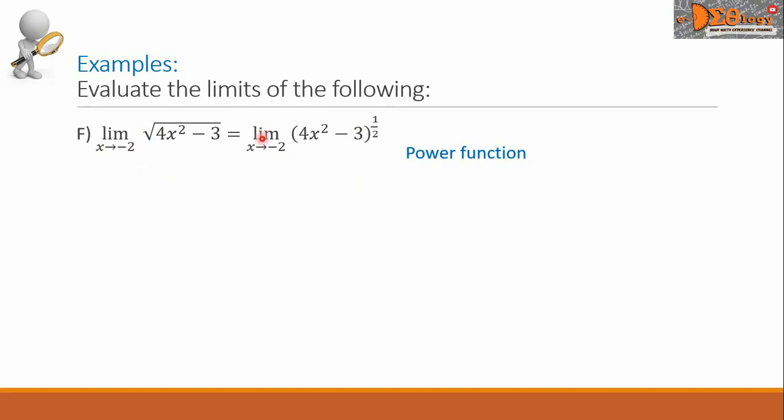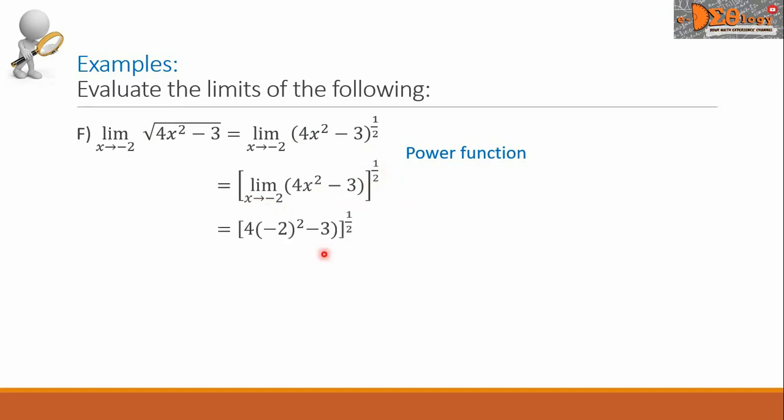So we have the limit of 4x squared minus 3, and the quantity is raised to 1/2 as x approaches negative 2. Let us take the limit of the function 4x squared minus 3 as x approaches negative 2, and after that, we will implement that exponent 1/2.